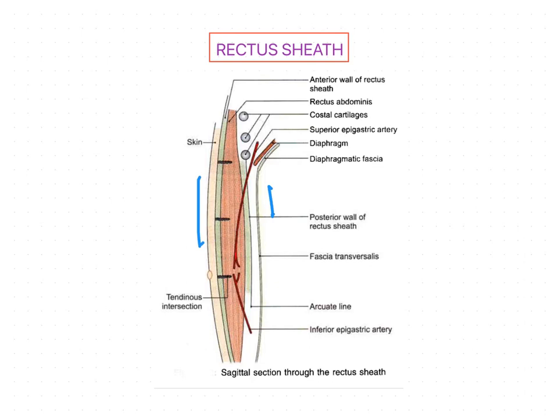If you see the features of the anterior wall, this one is the rectus abdominis muscle. The anterior wall is complete, covering the muscle from end to end, and its composition is variable.